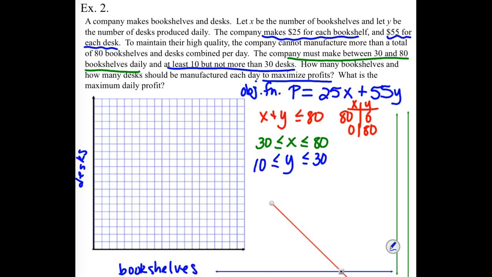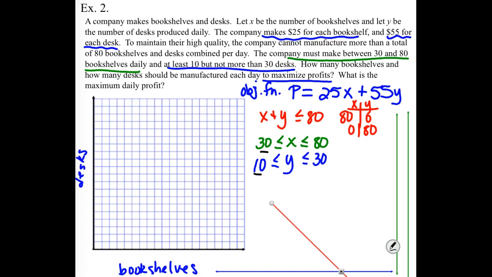They're still there, right? But we have a different cutoff, right? They're telling me I can't go below 30 for X and I can't go below 10 for Y. So do I have to worry about getting all the way down to 0? No. Those quadrant 1 constraints would get overridden by these. Does that make sense? Okay.